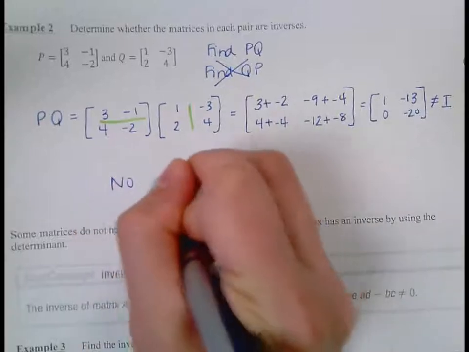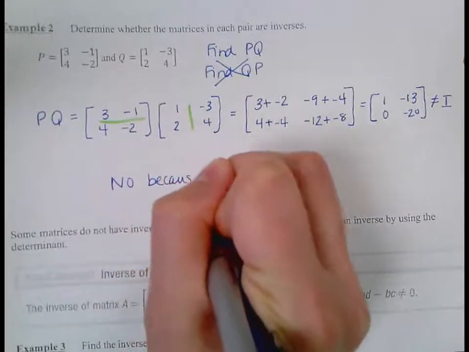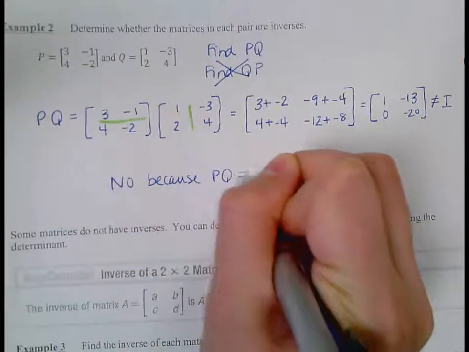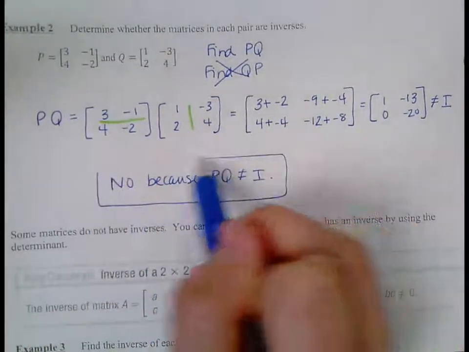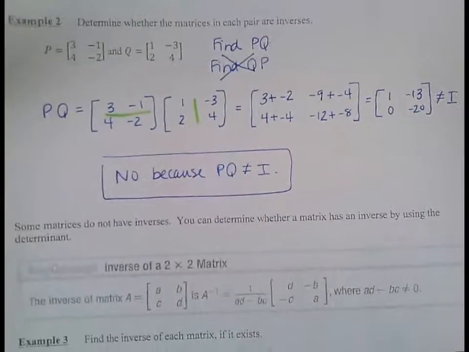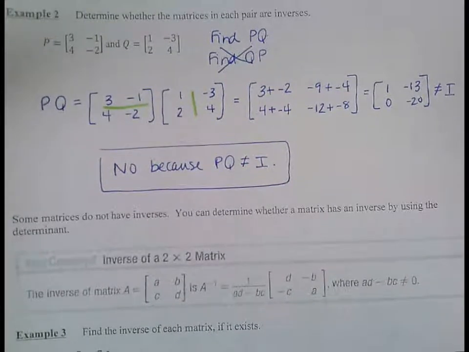I can say no because P times Q does not equal the identity matrix I. So if your first product equals I, you have to find the second to see whether or not it does. If your first product doesn't equal I, you're done. You already know that they are not inverses. Any questions on verifying inverses?